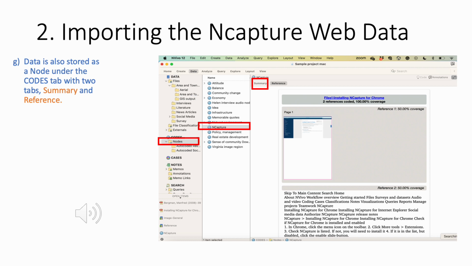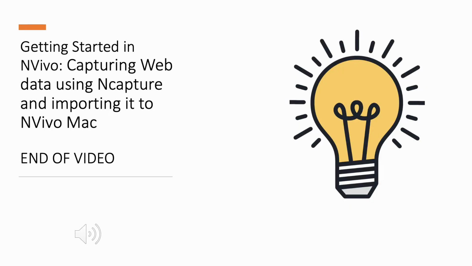Summary only provides a link to the web space, whereas the reference would give us an image and some details underneath. This is the end of capturing web data using NCapture and importing it to NVivo 12 Mac.